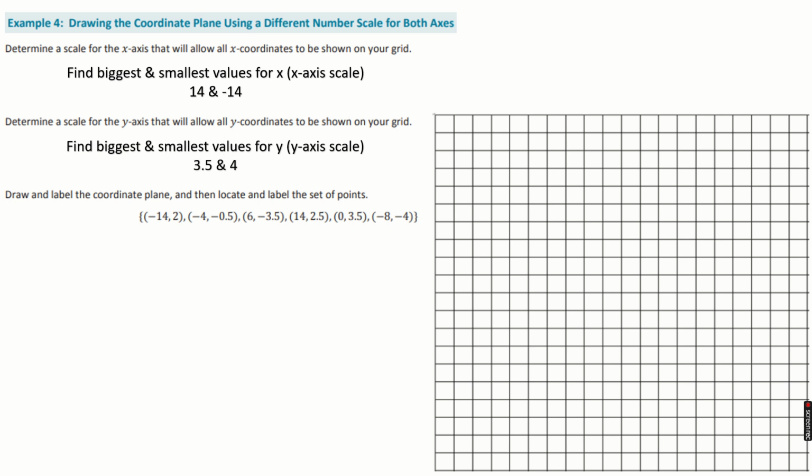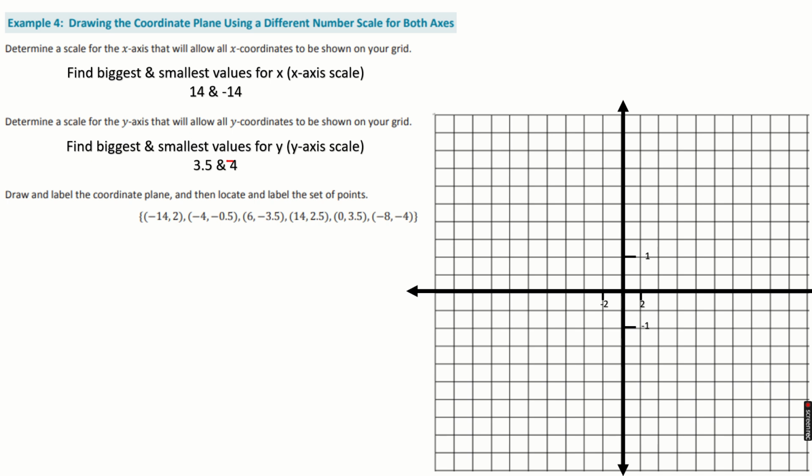There should be a little negative symbol here. And draw and label the coordinate plane, then locate and label each one of the sets of the points. So there's my coordinate plane. I'm going by 0.5s on the y-axis. You'll notice the second line is where the 1 and -1 are respectively, and I'm going by 2s on the x-axis to fill in those 14s.